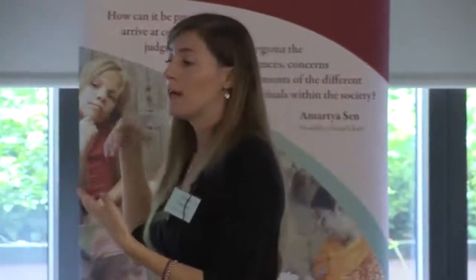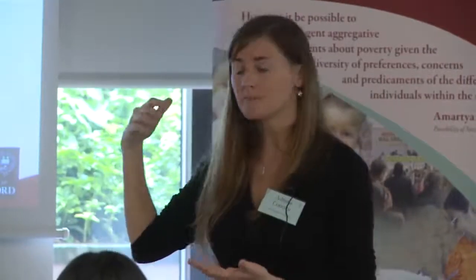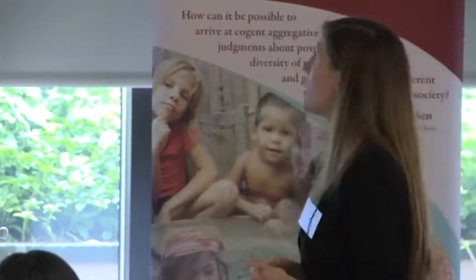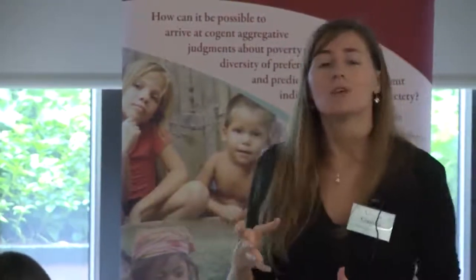In the case of the global MPI, we picked what we call a poverty cutoff, or a K value, of 33%. You will see this with Anna later today. So an individual is considered multidimensionally poor when deprived in 33% or more of the weighted indicators.